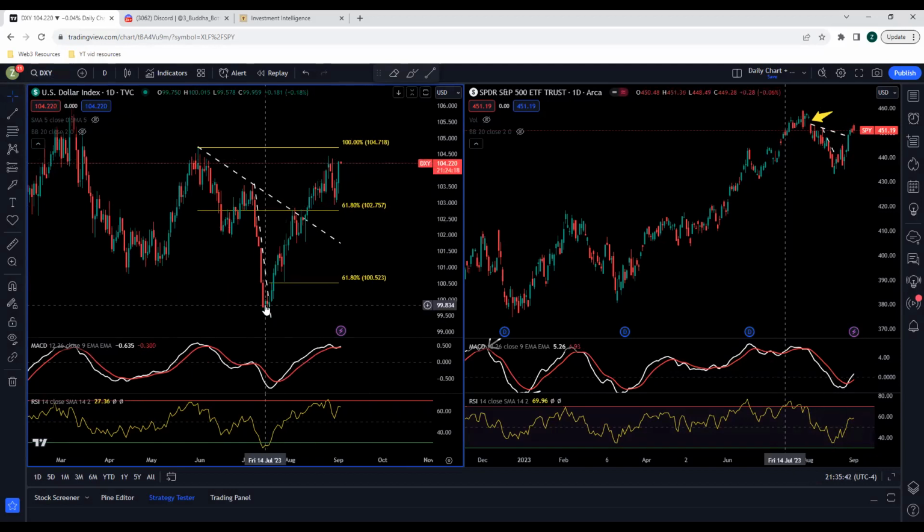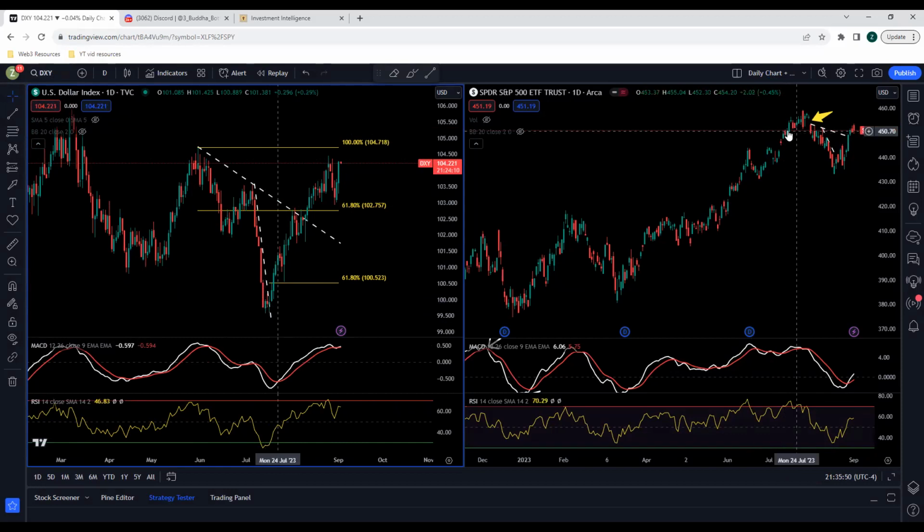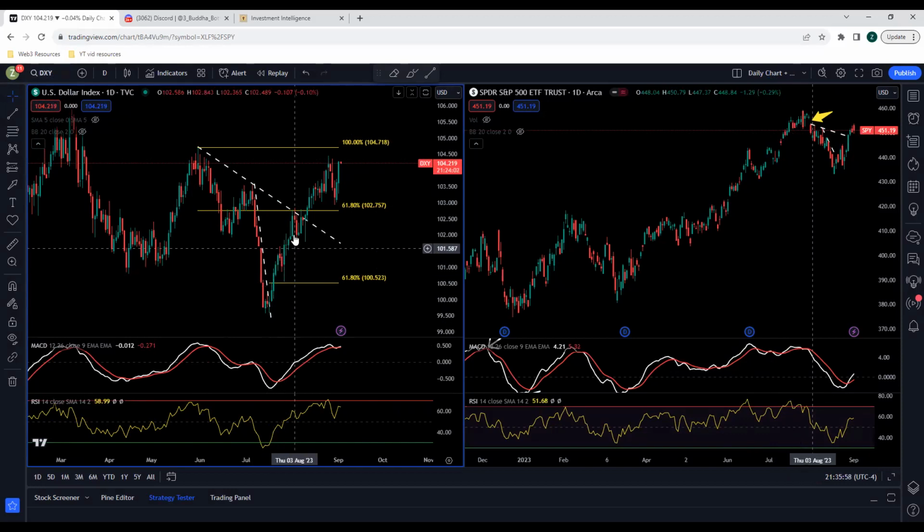You can see this period here around July 14th is really when the US dollar bottomed, right? And you can again see the charts are synced up here. And the market started to rally continuously while the dollar was rallying here. And then we got to this period here where the dollar started to essentially chop and go sideways and digest the move, right?